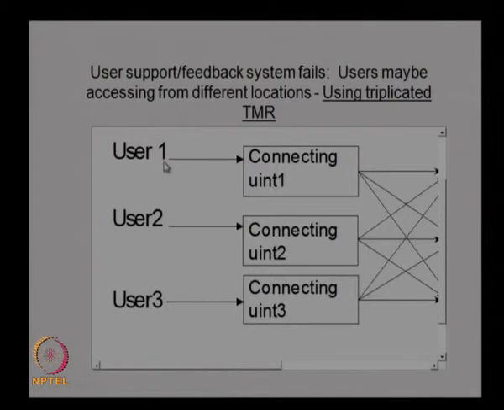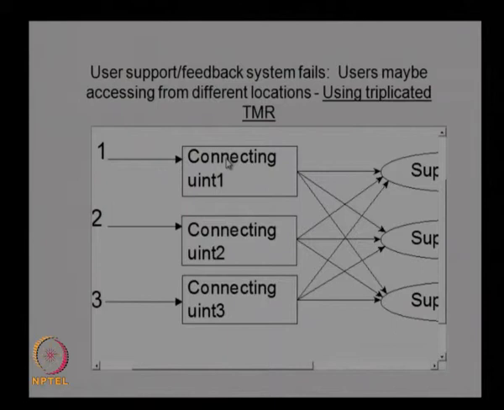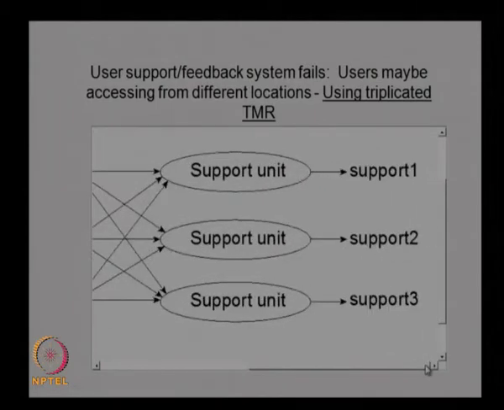So, for the user data, if we are using a keyboard or any other interface device and that fails, we need to have additional devices to provide the interface. So, we can have them in the triplicated TMR model, so that any failure in one of the inputs can always be taken care of using these methods. That is one way of providing the standby sparing methods.